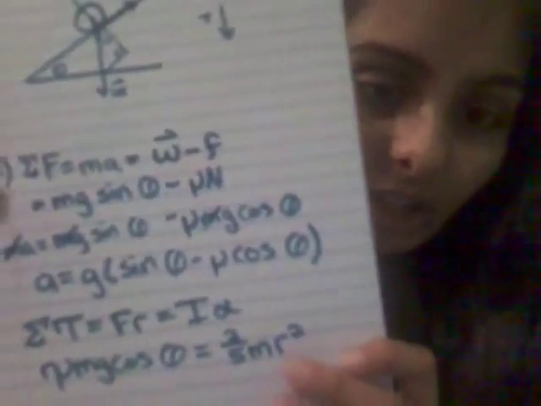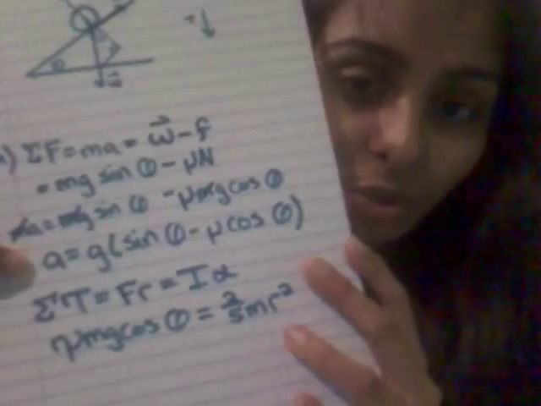And they told us in the problem that the moment of inertia is equal to 2/5 mr squared. So we can substitute that in for I, so we get 2/5 mr squared. And we know that alpha, the angular acceleration, is equal to linear acceleration divided by the radius.